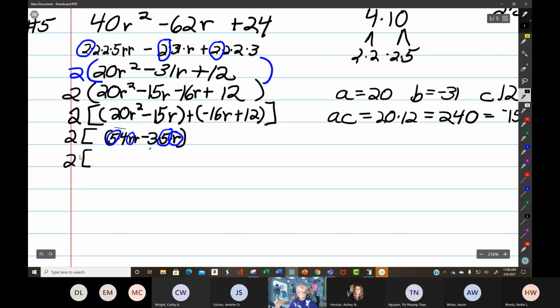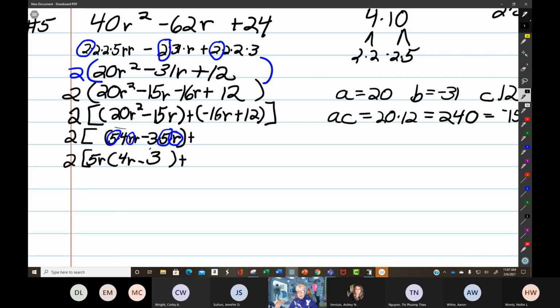See, the first one's always a little easier. 5 and an r is going to be my GCF. And then I write the leftovers. I have a 4 left over and an r left over, minus a 3. Okay. And now a plus and a plus. I go back up.